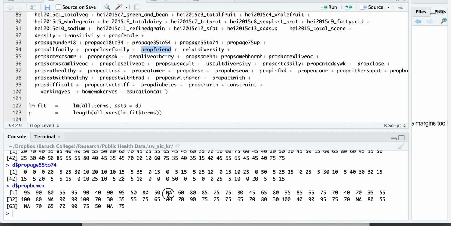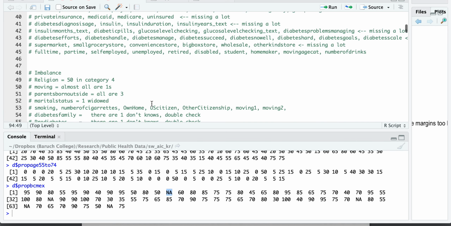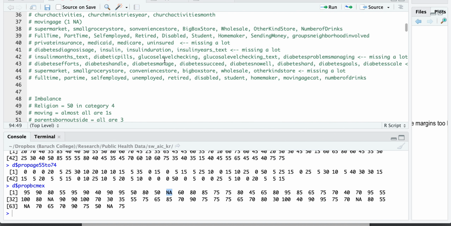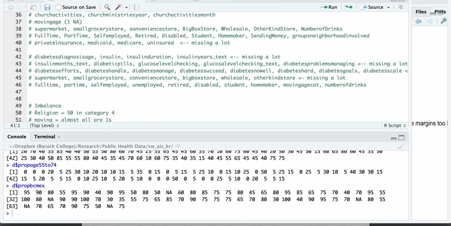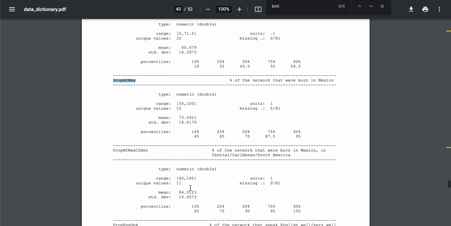Okay, so we have a lot of missing ones here, so we ignore it, and that's why it's probably not there, but should be here in this list of missing ones.